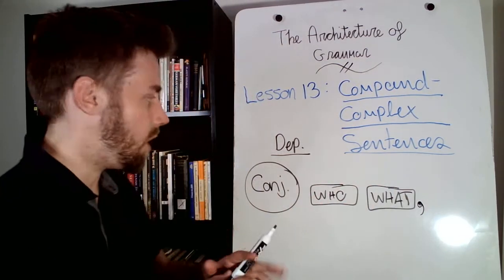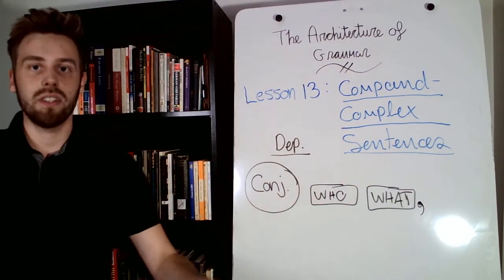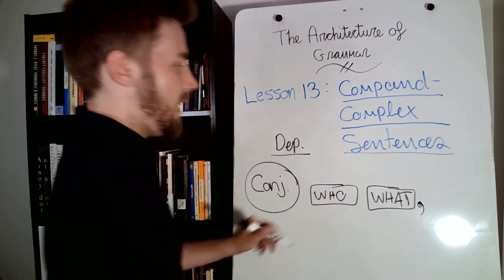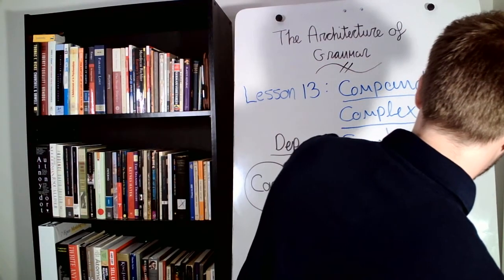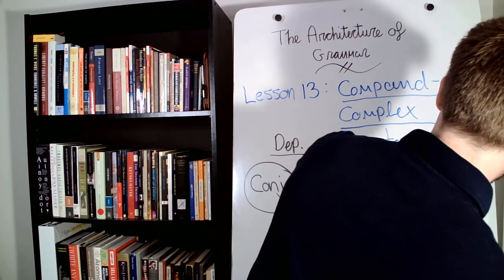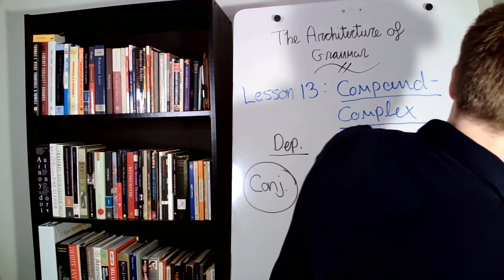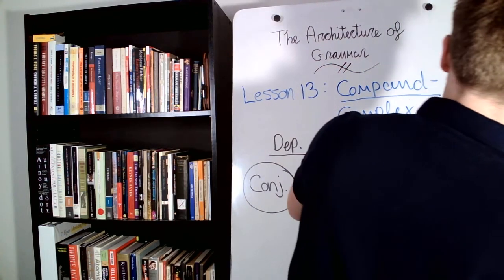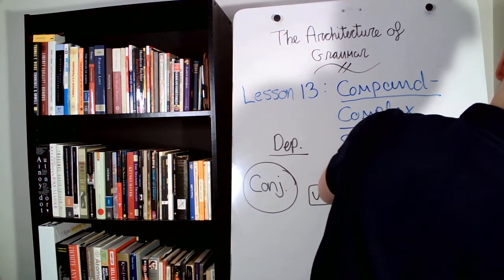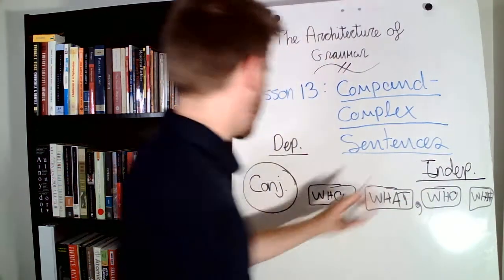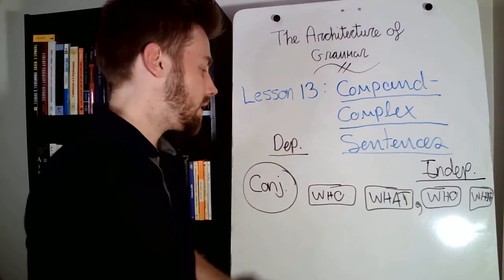Again, we're going to cover all the comma, all the punctuation in the next videos. And we're going to have who, what. So that is an independent. Okay? Dependent, independent.